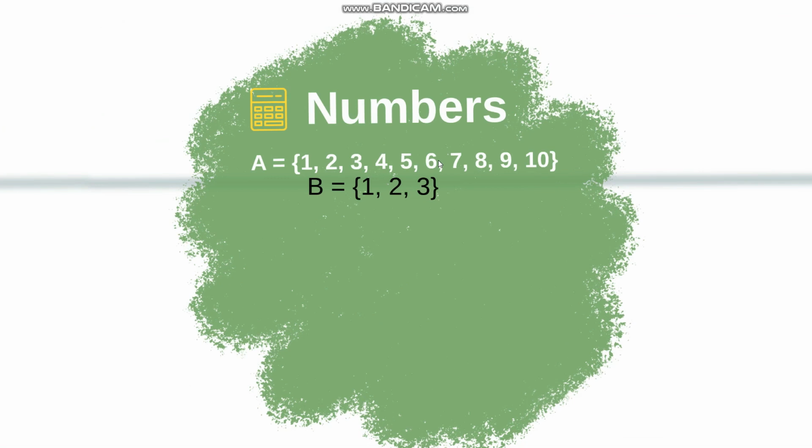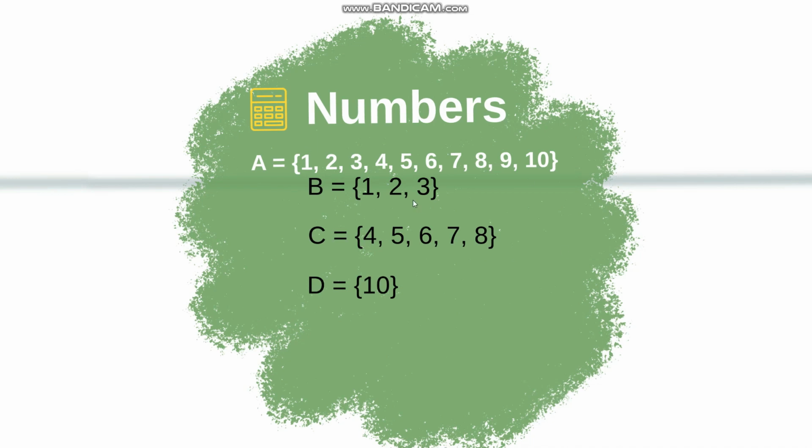An example of our subset is 1, 2, 3. Set B is a subset having the elements 1, 2, 3. Another example of a subset is set C having the elements 4, 5, 6, 7, and 8. And set D having an element 10. Okay? Its element is only 10.